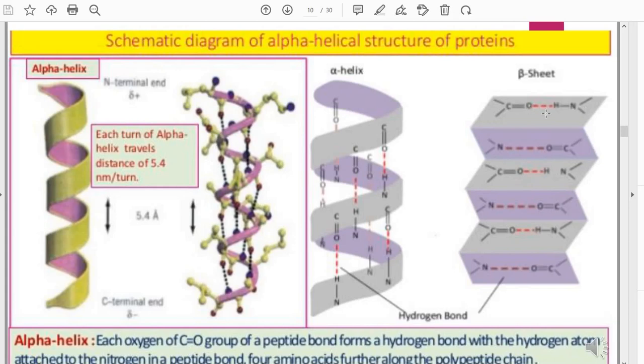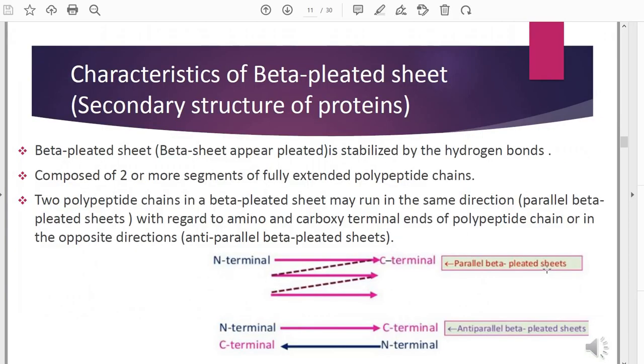This is the pink one, the hydrogen bond between the carboxylic group of one peptide bond and the NH group of another peptide bond, forming hydrogen bond. This is the hydrogen bond. The beta pleated sheets are one type of the secondary structure.